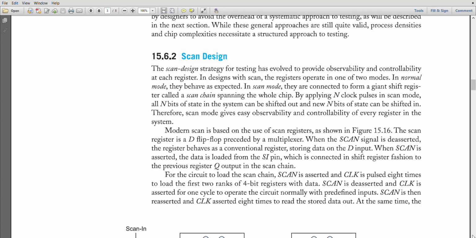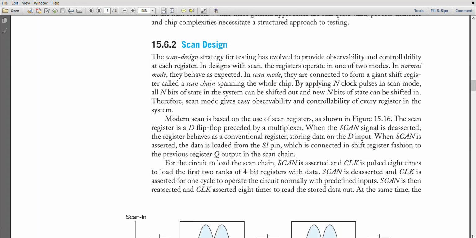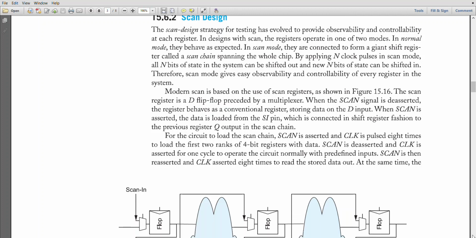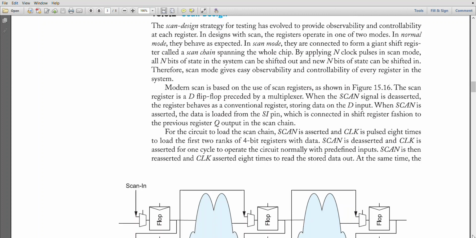Scan mode means it goes into the scanning mode, and a chain of registers is connected in the scanning mode. Okay, so again I am saying I will cover the scan design separately. I will cover the BIST separately in coming lectures. But here it is sufficient from your university point of view. I mean, if you are writing the university examination, it is sufficient. By applying n clock pulses in scan mode, n bits of the state in the system can be shifted out, and new n bits of state can be shifted in.